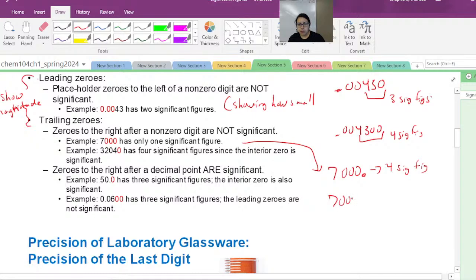And same thing, you could do 7,000.0, and now that's 5: 1, 2, 3, 4, 5. Then we'll look at this number, 32,040. You have the captive 0, so that is significant. But this last 0 at the end, since there's no decimal place, we're assuming it's just showing how big.